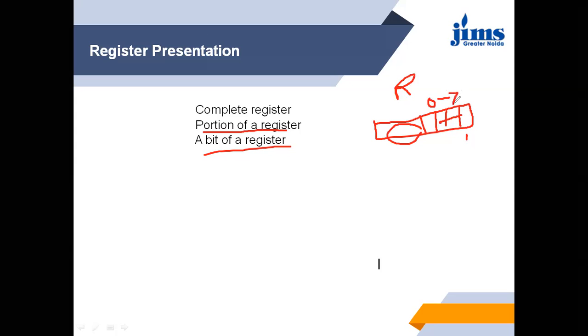So when it has 8 bits, it will be from 0 to 7, and we can use these bits individually also. So when we have to use the content of a register, we can consider it complete, we can consider it in partitions, or we can consider each and every bit individually.